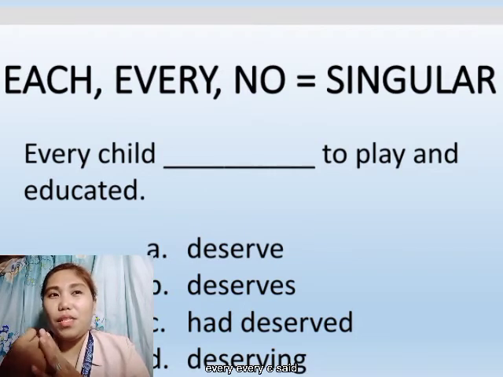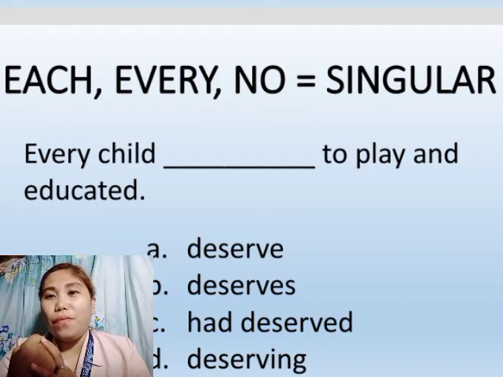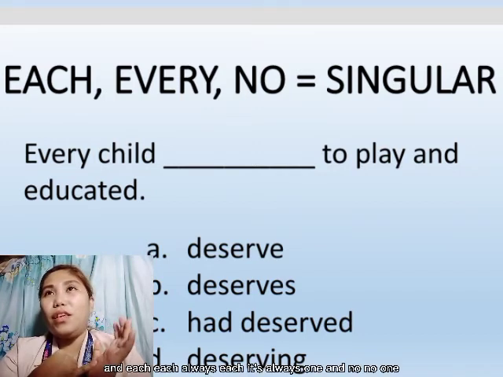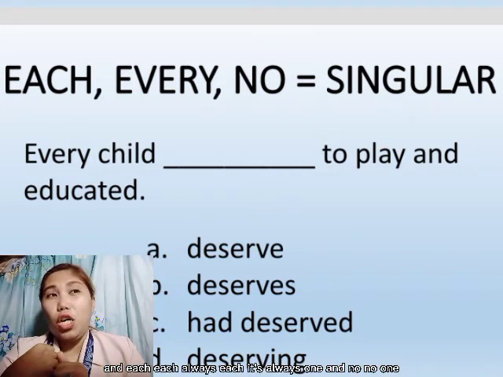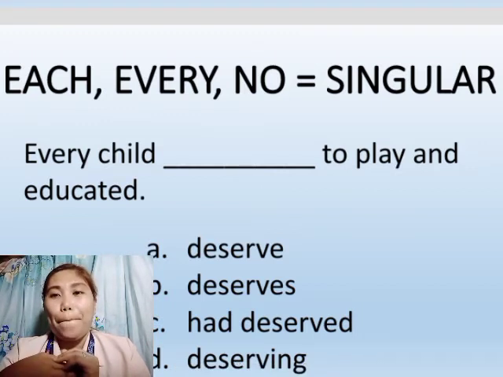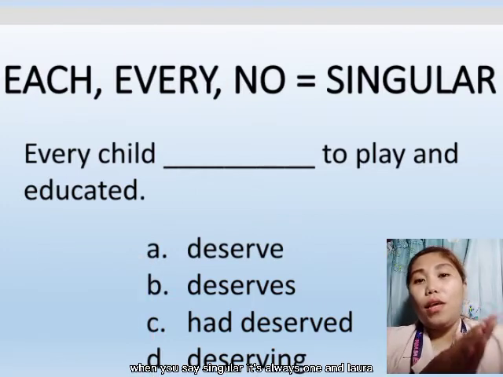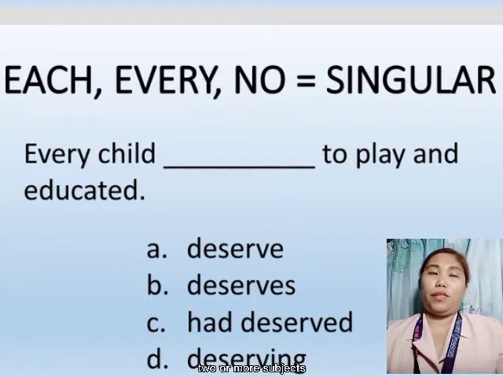The word every is always followed by a singular. And each is always one. And no one, nothing, are always singular. When you say singular, it's always one, and plural is two or more subjects.